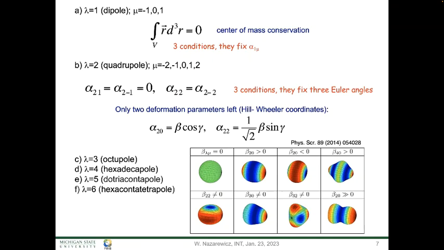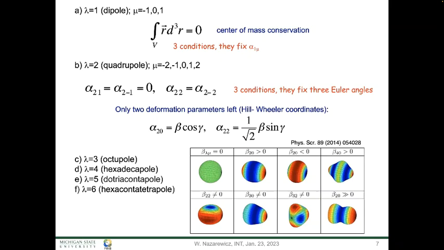And we can fix those conditions using this equation. So in this way, we eliminate isoscalar dipole deformations. So there are no isoscalar dipole deformations if the center of the intrinsic system is at 0. But of course, there might be isovector dipole deformations. Those are not eliminated by this condition, and those isovector dipole deformations can be important in some cases, for instance, when we are dealing with strongly deformed octupole shapes.